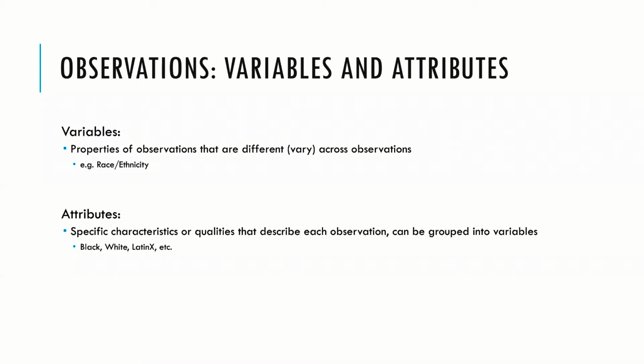So race, ethnicity, age, sex, gender identity, right? All of these are variables, but attributes are those specific characteristics that explain a given person. So age is a variable, but a person's attribute could be 26. Another person's attribute could be 32, right? So the attributes are the specific values for each observation.